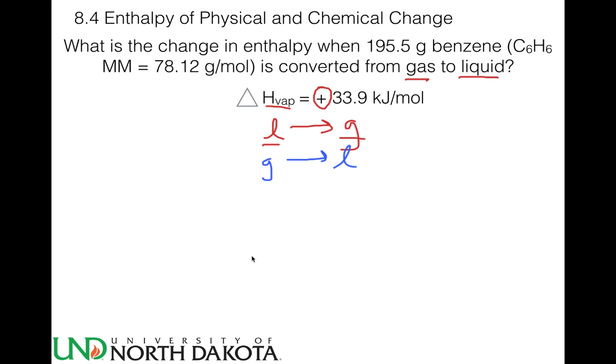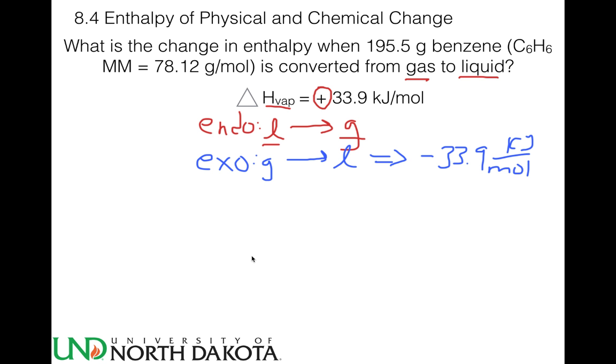We're still looking at the same two states of matter, so we're still working with the delta H of vaporization. However, we'll have an exothermic process. Therefore, we'll have the opposite sign of the delta H of vaporization. We'll have negative 33.9 kilojoules per mole for this process, because we have the exothermic and we were given the endothermic.